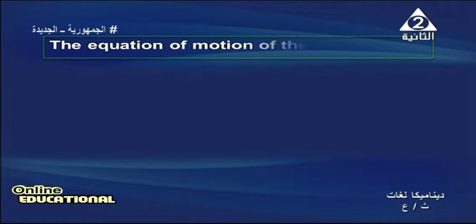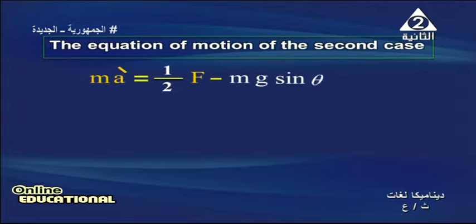The equation of motion of the body is ma dash equals half F minus mg sine theta. In the second case, the body moves under the action of a force equal to half the magnitude of the previous force, half F, in the direction upward the plane, and the body moves upward the plane with a retardation.